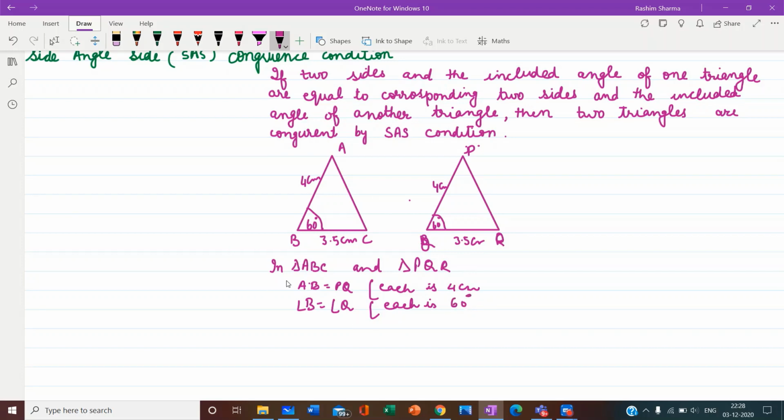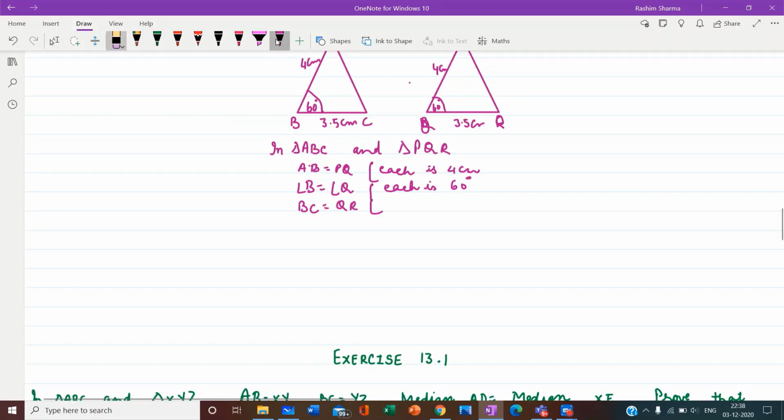Third is again side, that is BC. BC is equal to QR. Each side is 3.5 centimeter. So we will say therefore triangle ABC is congruent to triangle PQR by SAS rule.